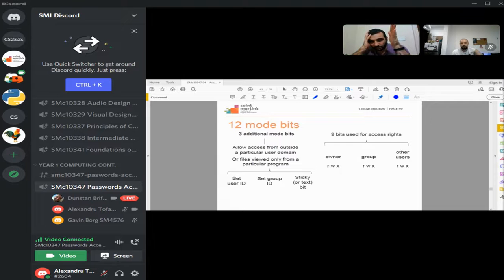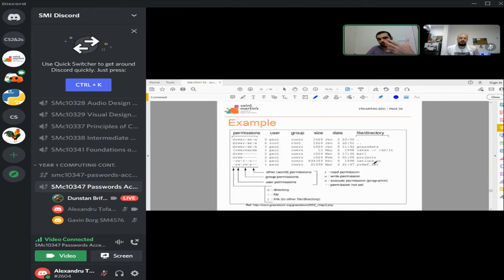Getting back to the rights, we would have these mode bits, they're called. And you would have a set of bits which are used for the access rights. We are mainly interested in these 9 bits, because the others are for exterior things. These 9 bits are what are usually of more interest to us.